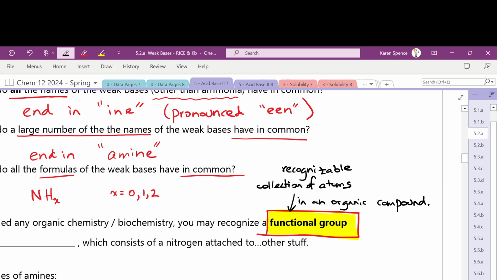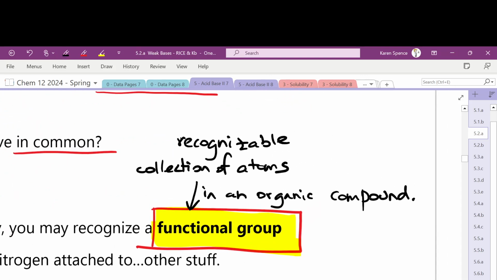The reason it's called a functional group is that the particular collection of atoms will give the molecule a particular function. In other words, it behaves in a certain way because of the atoms it's made of.